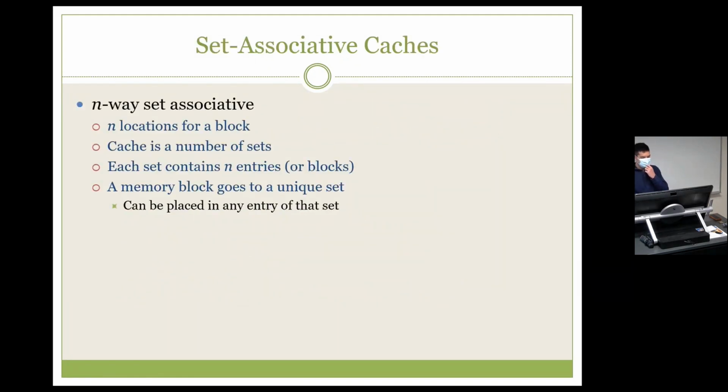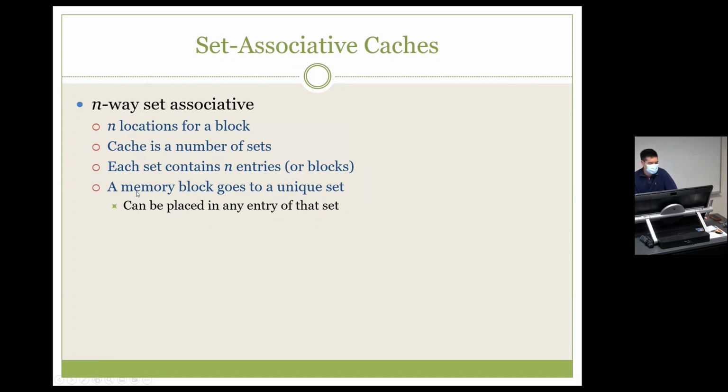All right. So for set associative caches, we have n locations for a block. And our cache is a number of these sets. Each set contains n different entries for those blocks.